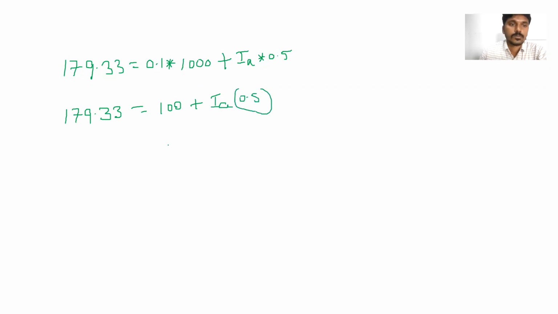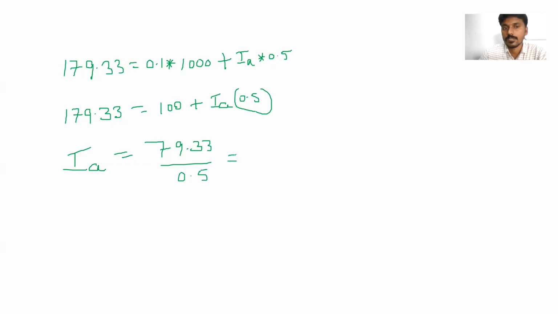179.33 minus 100 will be 79.33. So 79.33 divided by 0.5 is IA.